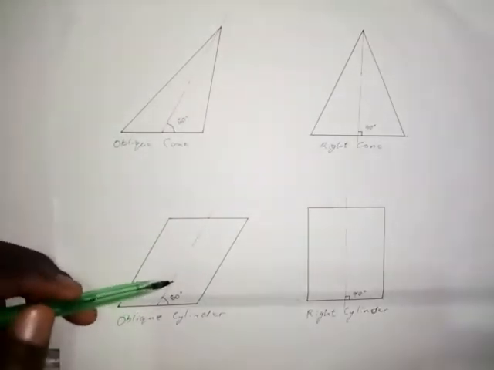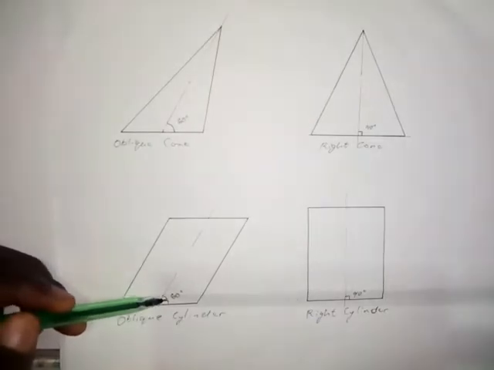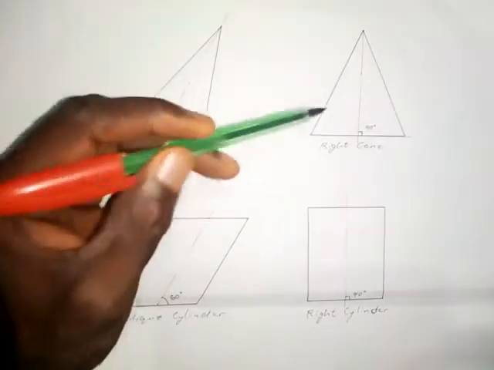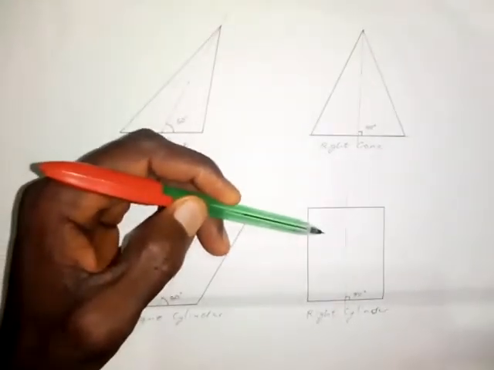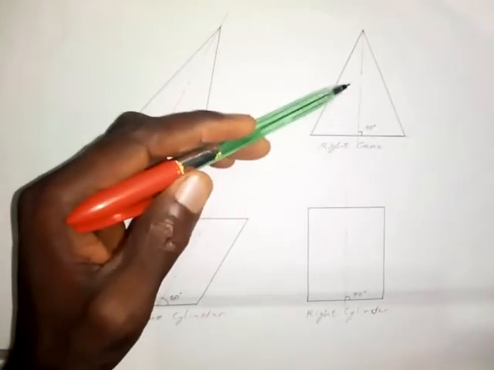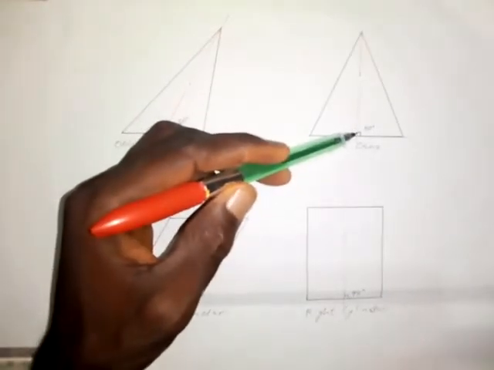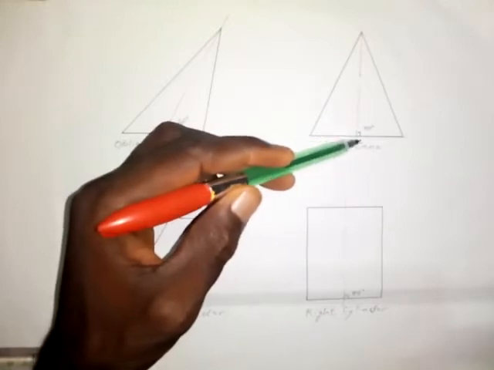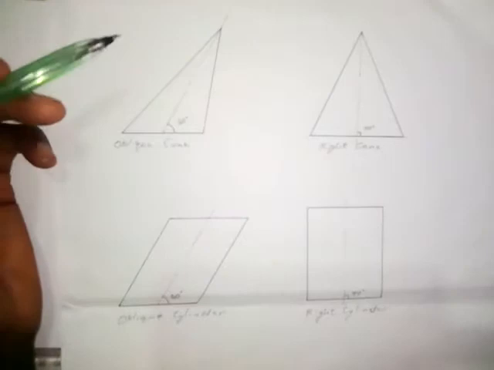If you look at the central axis of this cylinder, it is inclined at an angle 60 degrees to the horizontal. So then this one is a right cone and this one is a right cylinder, because we call it a right cone, or a right cylinder, when the central axis is inclined at an angle 90 degrees to the horizontal, which is a right angle.